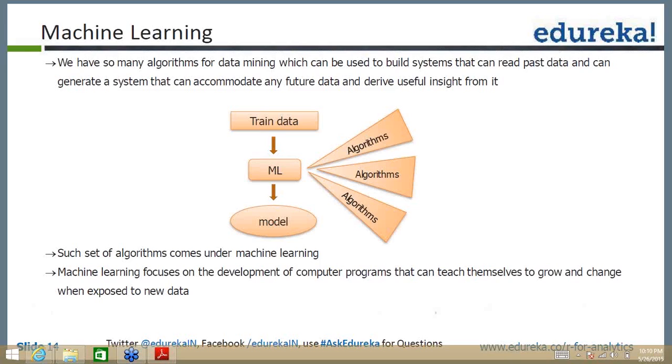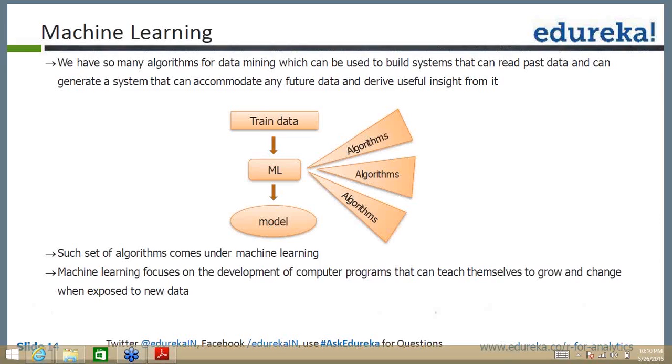I can give you a few examples of machine learning, right? You have diagnosing a patient and figuring out whether the patient is suffering from a disease or not. Even customer segmentation, right? Predict how customers will respond to a particular product promotion.